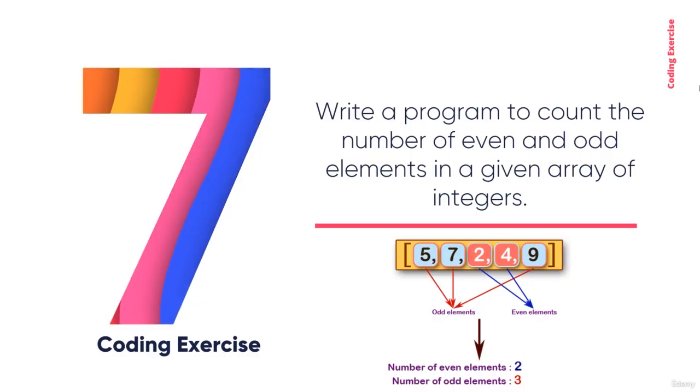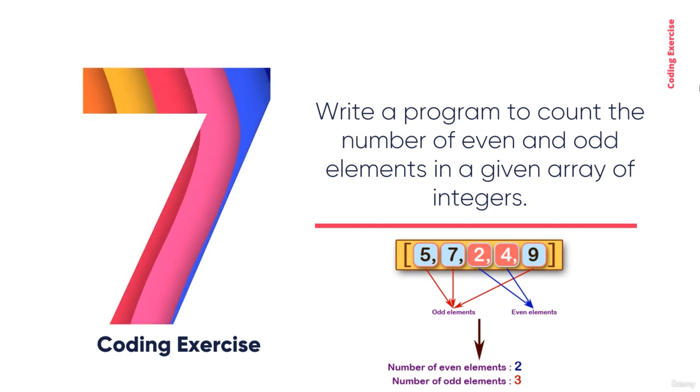Hello, my friends, and welcome to coding exercise number 7. We are asked to write a program to count the number of even and odd elements in a given array of integers. For example, this is an array of integers 5, 7, 2, 4, and 9. The odd elements are 5, 7, 9, and the even elements are 2 and 4.